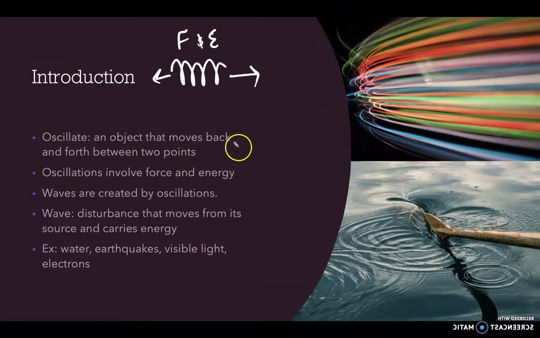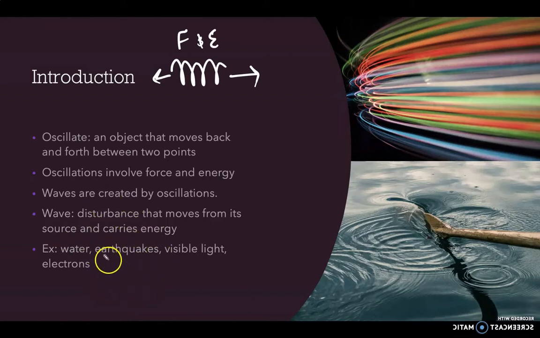And through these oscillations, waves are created. Okay, so if you think about water, and when you drop, say, a pebble or a rock into water, it'll create these little ripples in the water. And that is because of these oscillations. And this is an idea of waves as well.